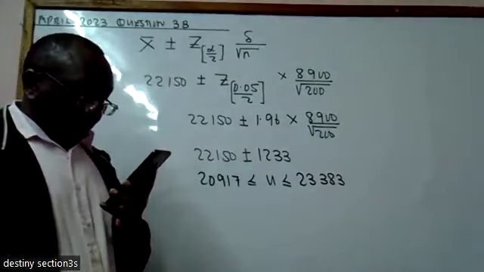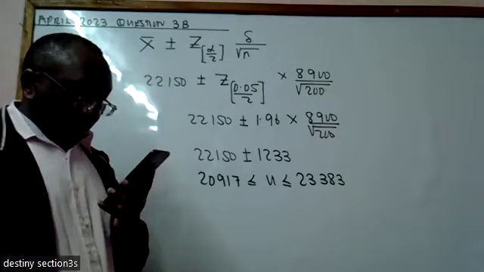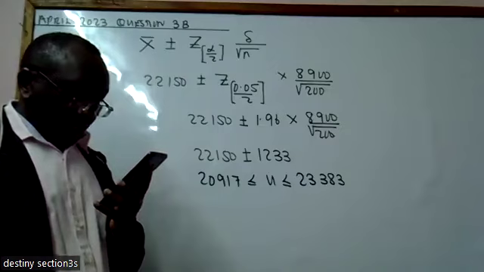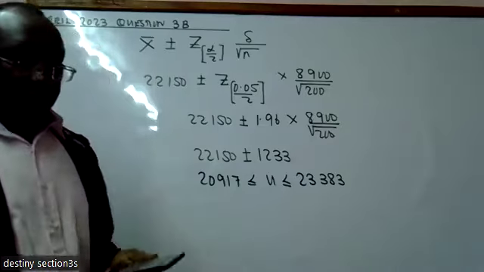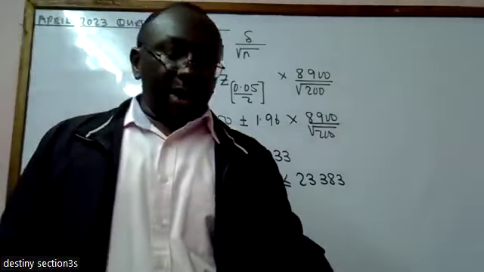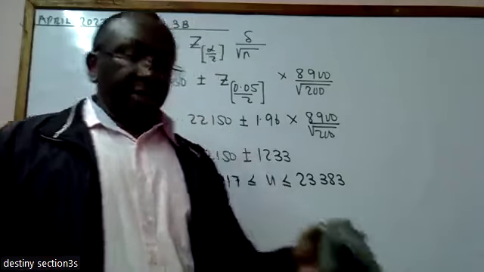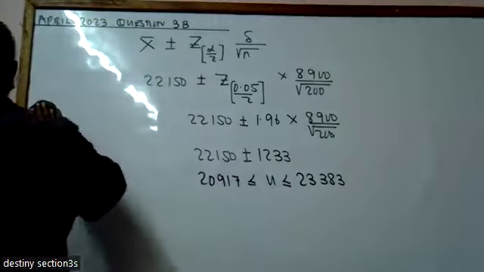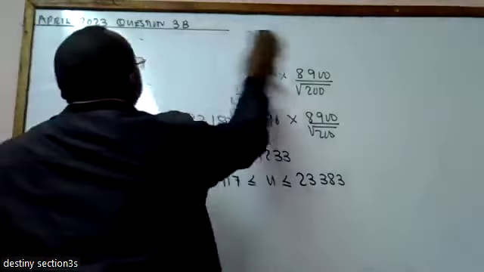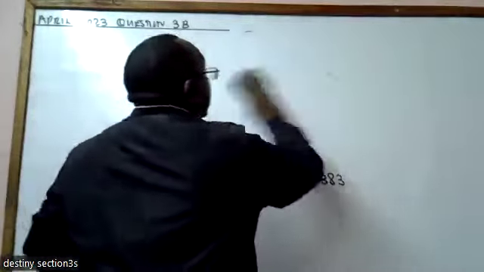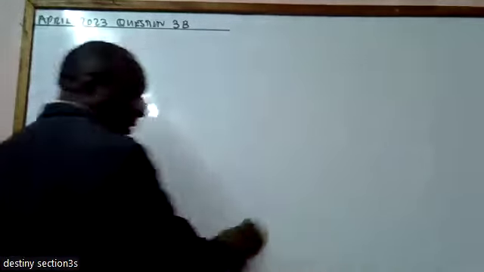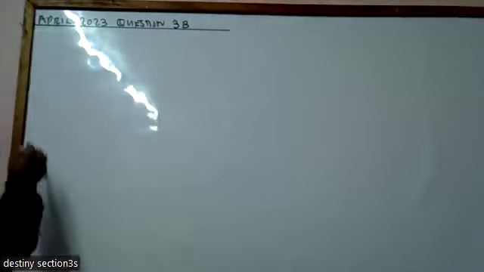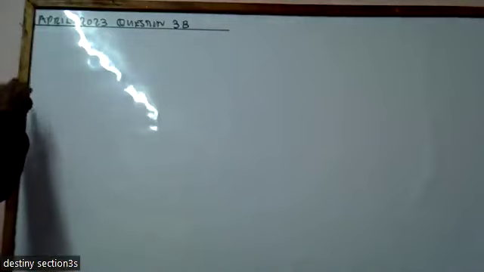Test the hypothesis that the amount paid in monthly rent is 20,000. We are told to test the hypothesis. We said step number 1 is to develop the hypothesis.